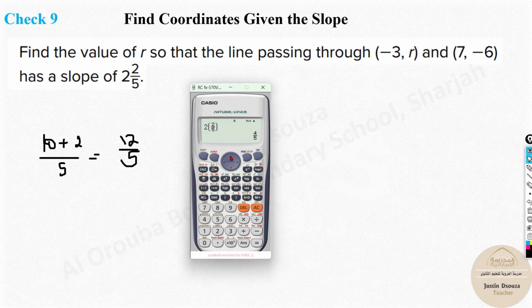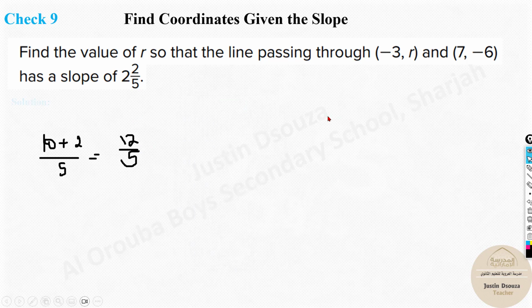We really have to add this 2 whenever it's a whole number like this with fractions over here. The best way would be pressing shift and this symbol, and now write 2 by 5, and this is the exact answer. It's 12 by 5. Now that is the slope, 12 by 5.